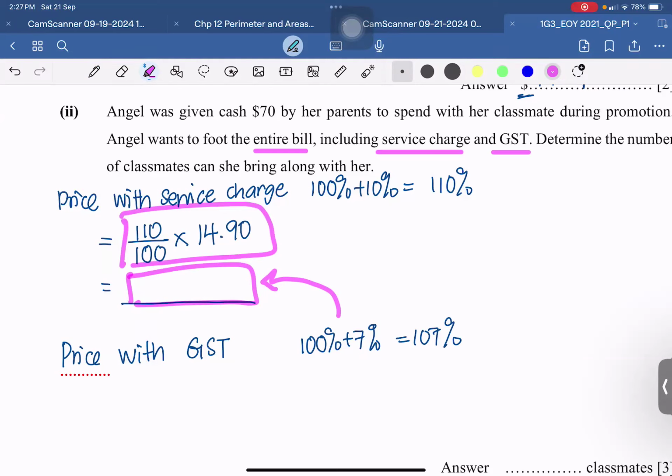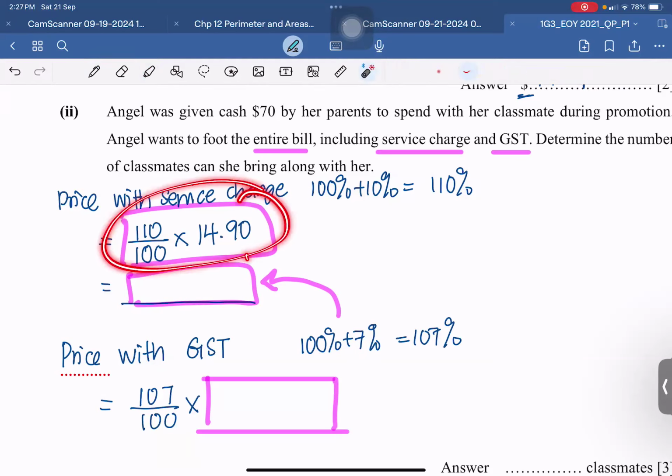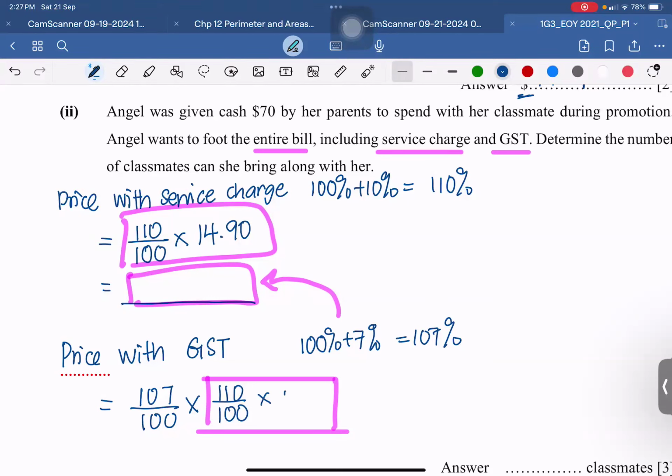So in other words, I can actually just put 107 times the whole expression over here. This one, bring it down. If I'm lazy to calculate the actual number or I don't like to write so many decimal places, actually this is the shortcut.